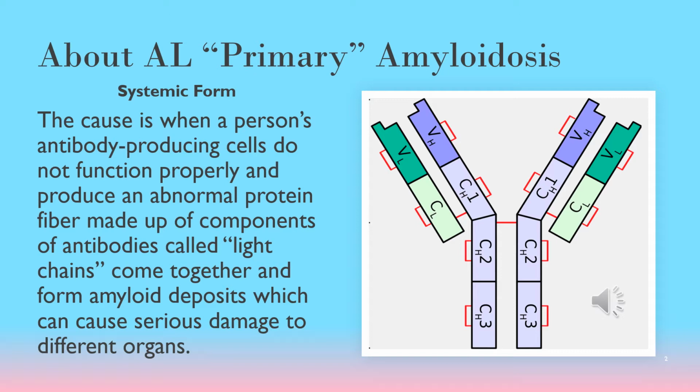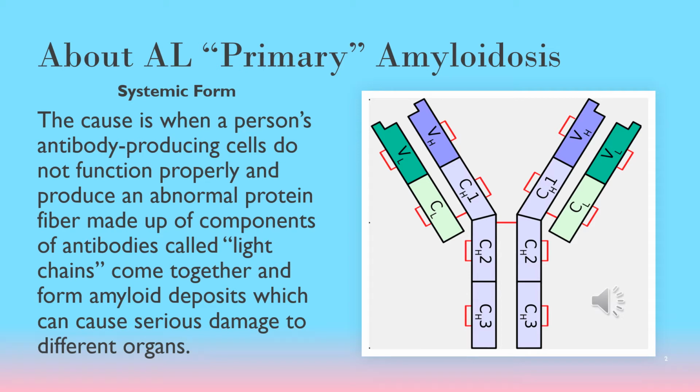So whenever we see these abnormal proteins showing up, they start to form deposits on various organs of the body, and it can cause serious damage, and it can cause all kinds of problems from kidney failure to heart arrhythmias to different things that we're going to get into.